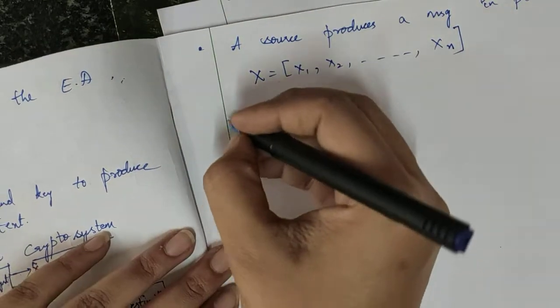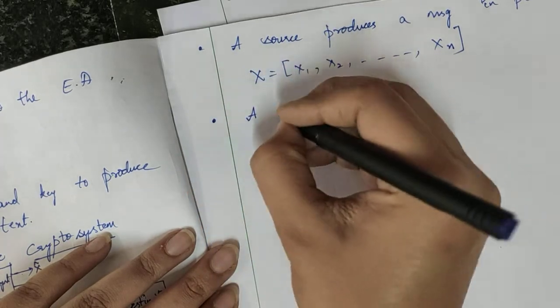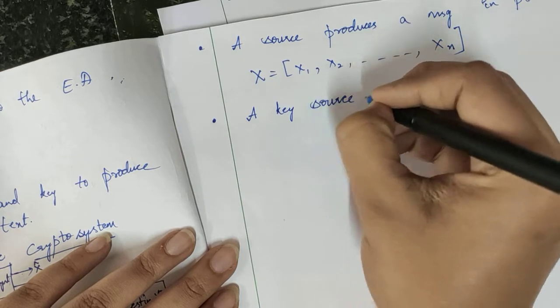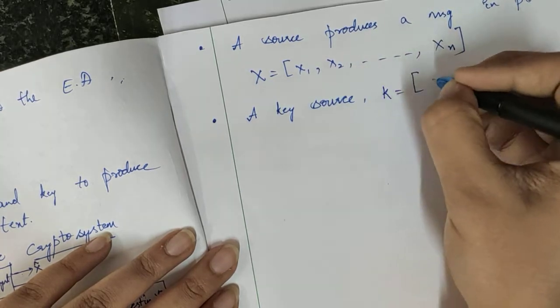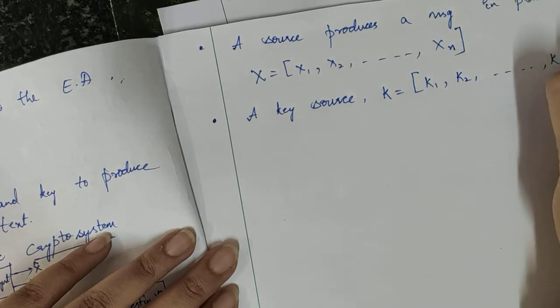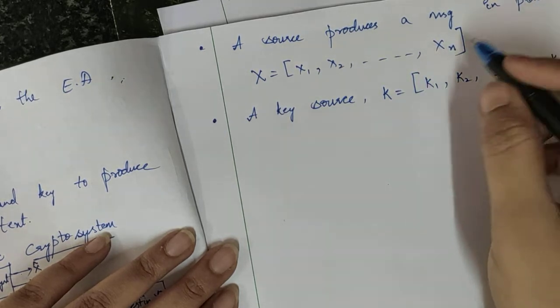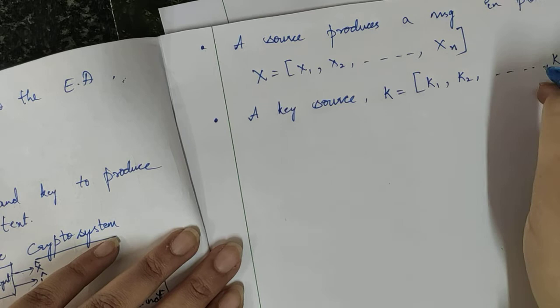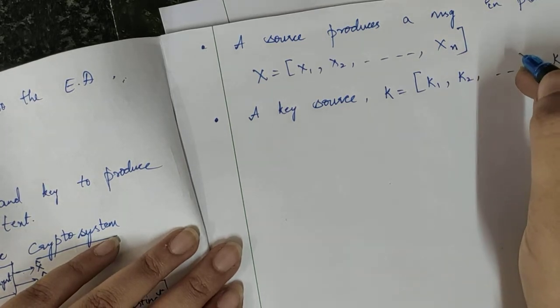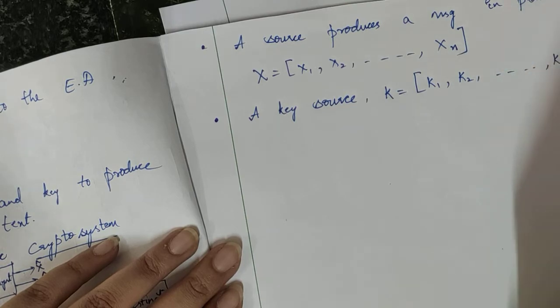Next I will have a key source. A key source, say k, will be in the form of k1, k2, and so on up to kj. This will be generated. If the key is generated at the message source, then it must also be provided to the destination.